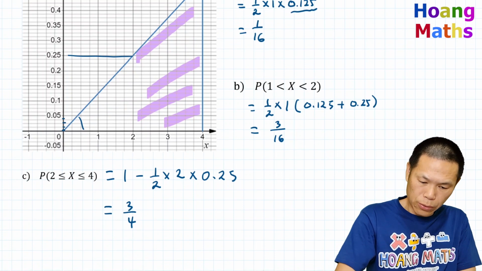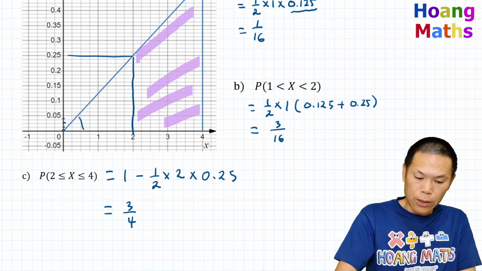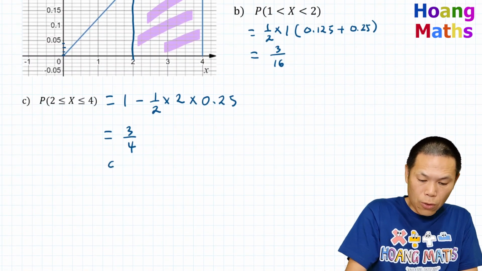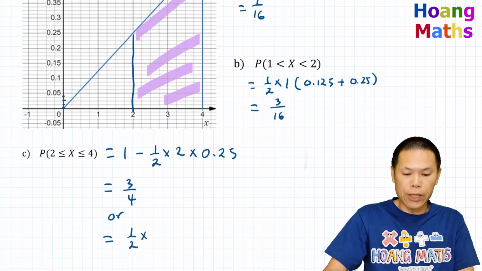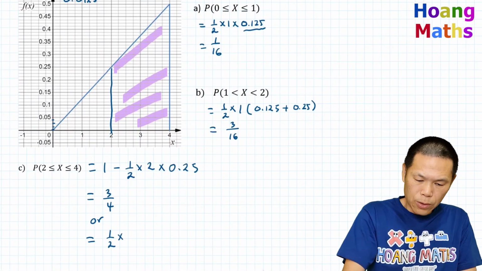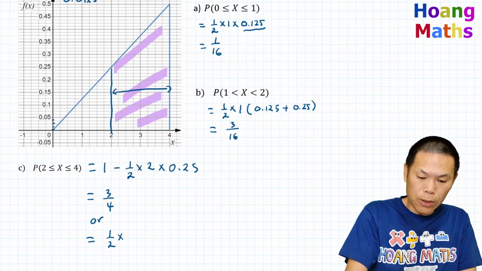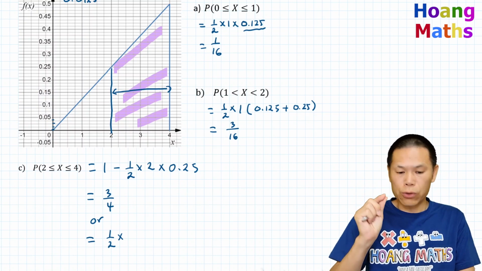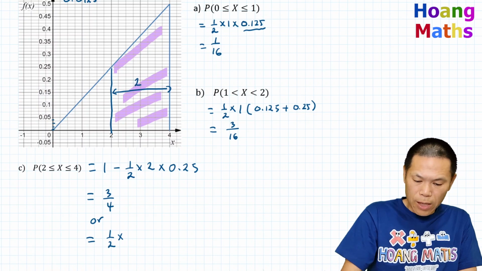Or you can find the area of this trapezium here. Let me just redraw this. To work out the area of the trapezium, it equals a half of the height. Height is the perpendicular height, so from here to here, from 2 to 4. So 4 minus 2 is 2, the width of the strip, if you like.